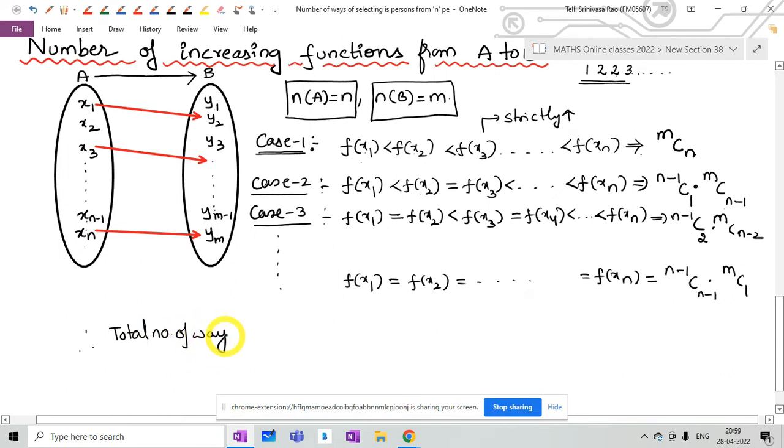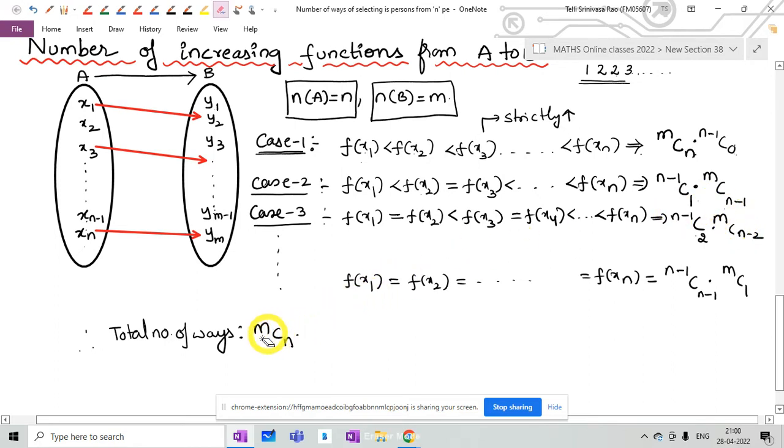Total number of ways of getting an increasing function is equal to mC0. And just for convenience, we can also write (n minus 1)C0 into it, just to understand the pattern. If we add these two, we get n. If we add these two, n. If we add these two, n.